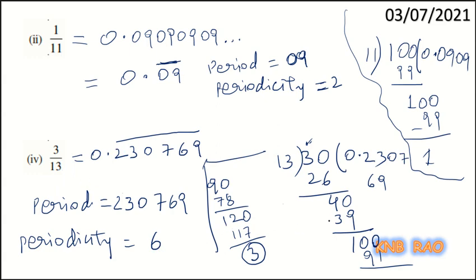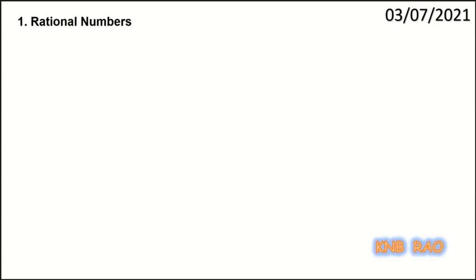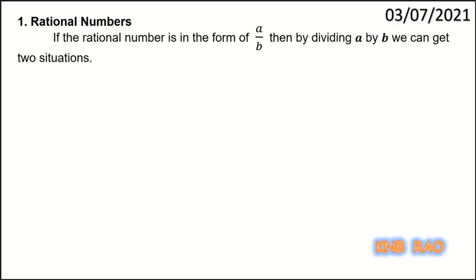Now, children, we know now whenever we convert a rational number of the form p by q into decimal form, there are two possibilities that I have already discussed with you in our previous class. Let me reiterate once again. To define rational numbers, we use this decimal form of the rational number. If the rational number of the form a by b, which means a divided by b, gives two situations. Whenever a is divided by b, we have a situation 1 if the remainder becomes 0.